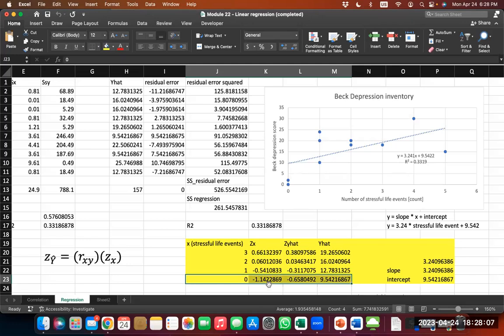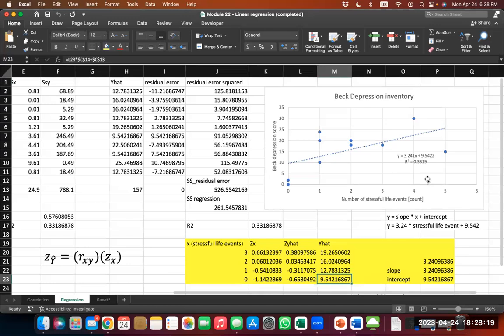And the corresponding y hat, after multiplication with the correlation coefficient and basically unstandardizing it, we got to a y hat of 9.542, which is our intercept. Then at 1, we got 12.78. And the difference between 12.78 and 9.542 is 3.241.